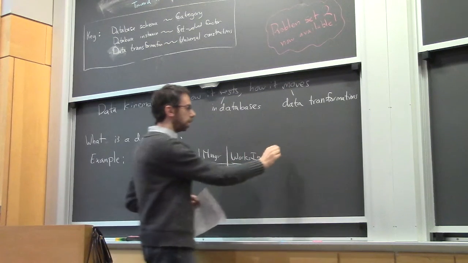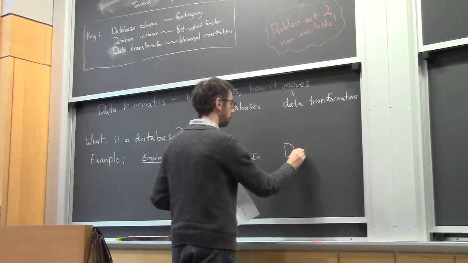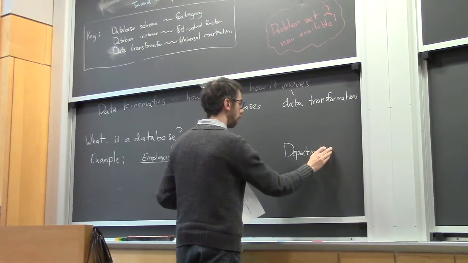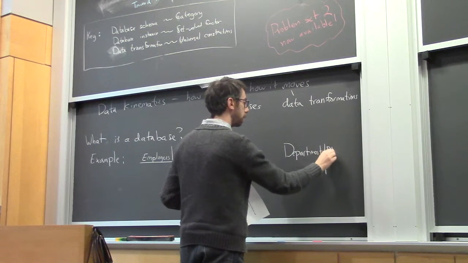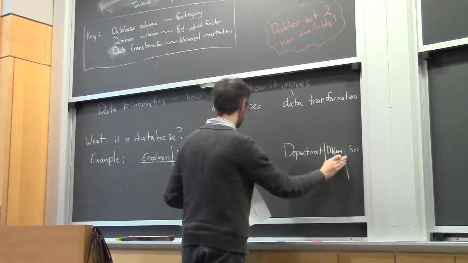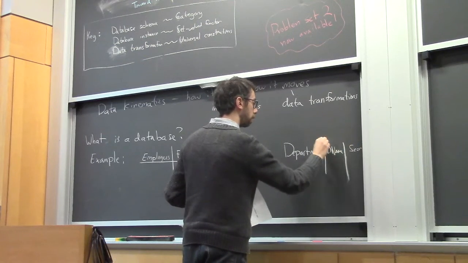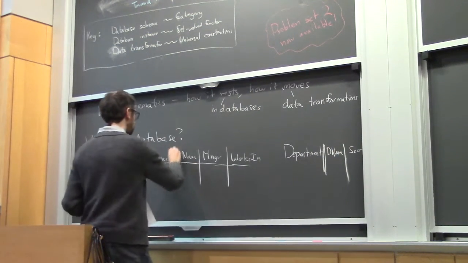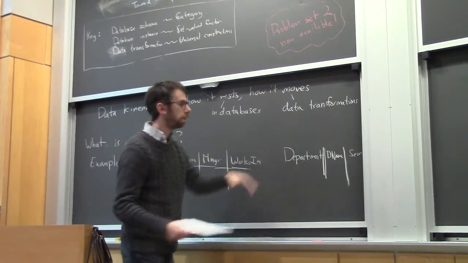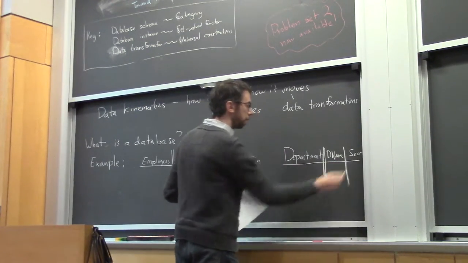And departments also exist. And they have names and secretaries. So I'll put a double line for kind of what we're actually looking at. We're looking at employees here, we're looking at departments here, and I'll put single lines between the other columns.